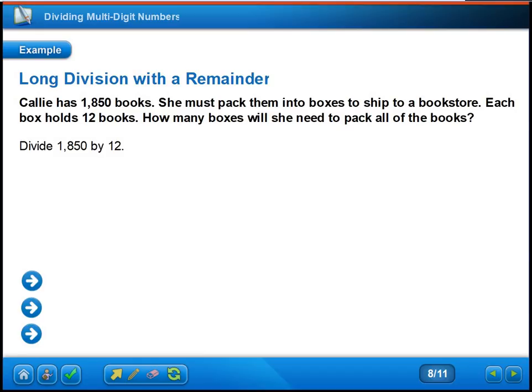So what we want to know is how many boxes does she need to pack all of the books? So here's my question. How many boxes will she need to pack all the books? It's important to note she wants all of the books. She has 1,850 books. We don't care that they're going to a bookstore.